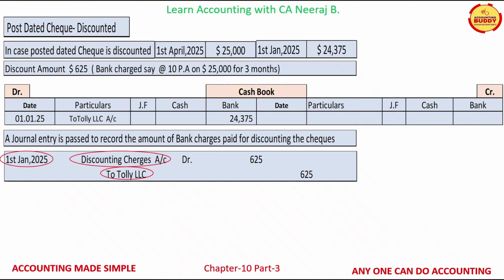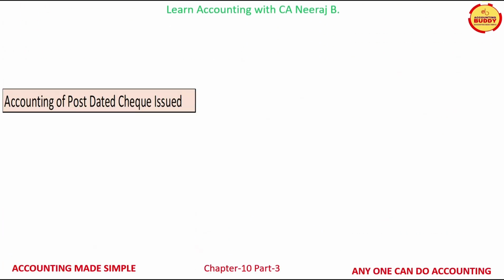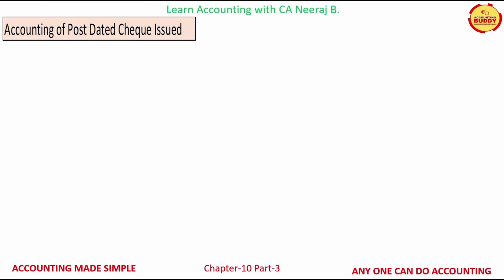Now, if the business would have waited till 1st of April, the cash book will appear as displayed on your screen. The entry will be passed on 1st of April 25 for $25,000 by writing the words to checks in hand account. Let us learn the accounting treatment when post-dated checks are issued by the business.